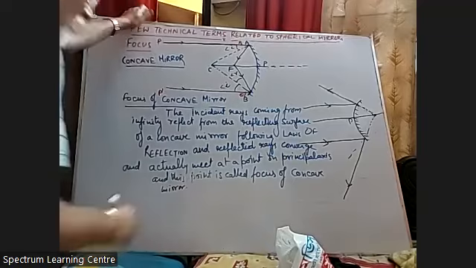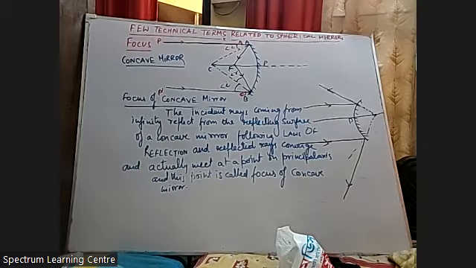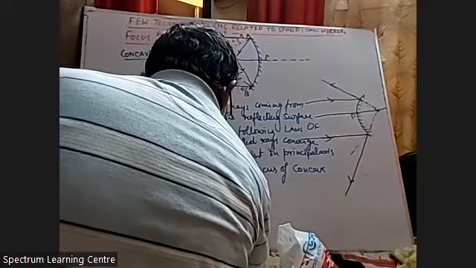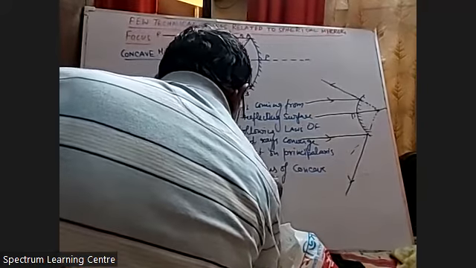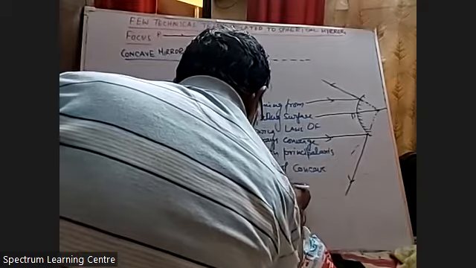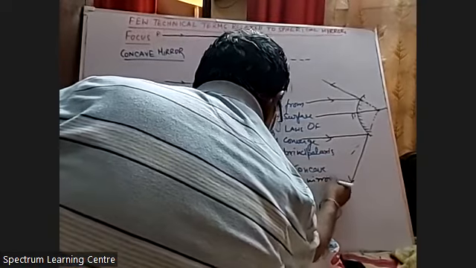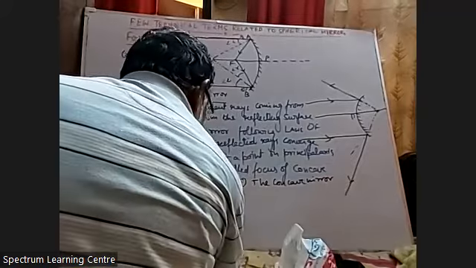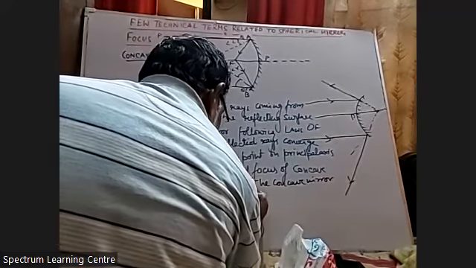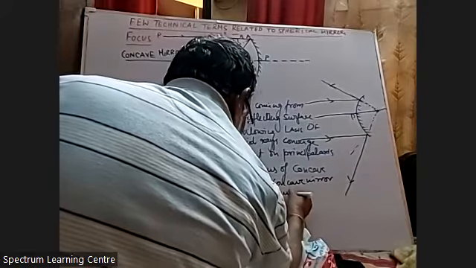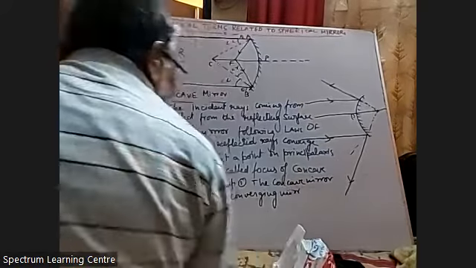Now, from here, we have got two important points. First, the concave mirror is a converging mirror.